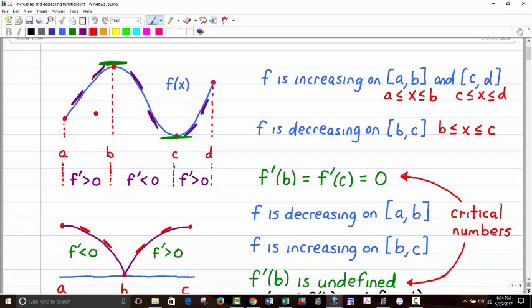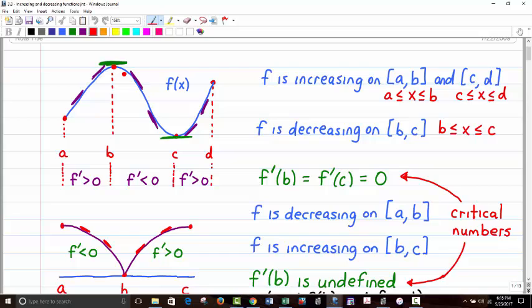Therefore, you can say that if you are in an interval that is increasing, the derivative of any value in that interval is positive. Slope is positive.